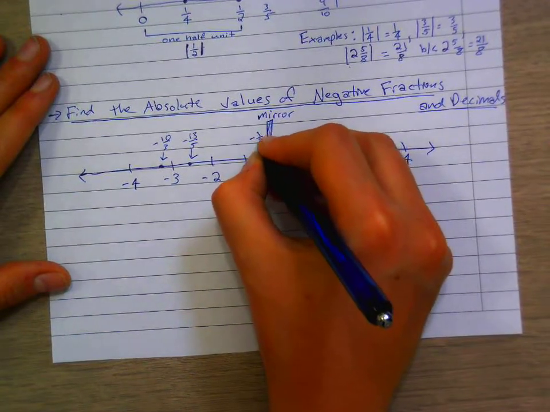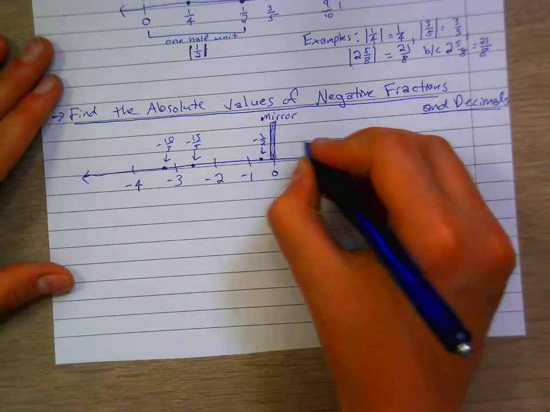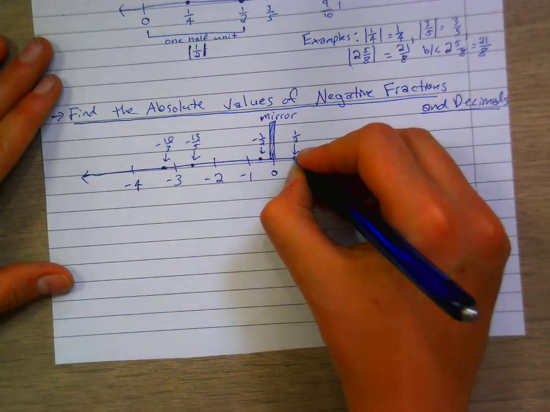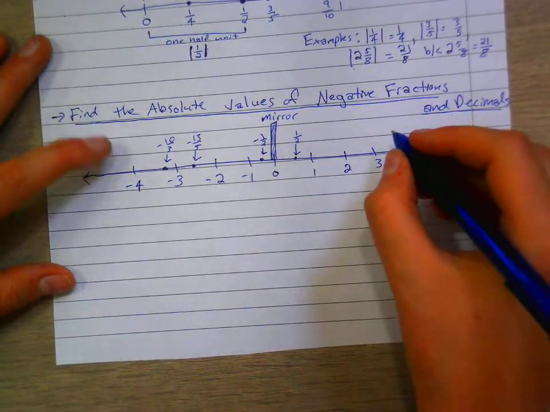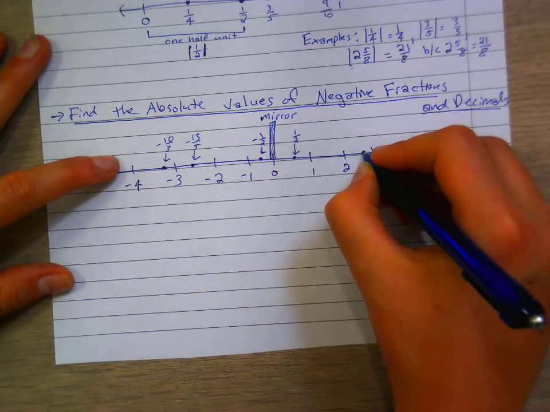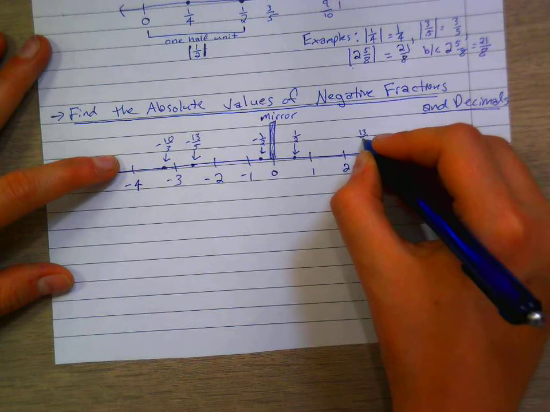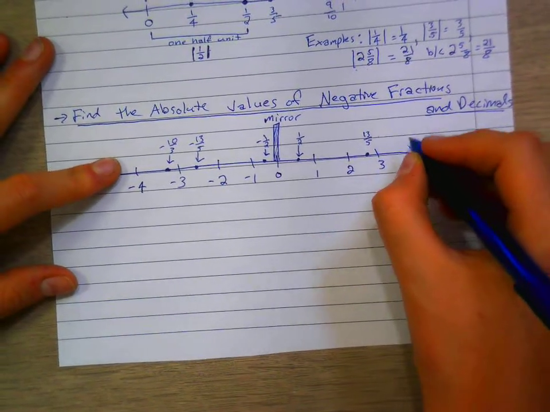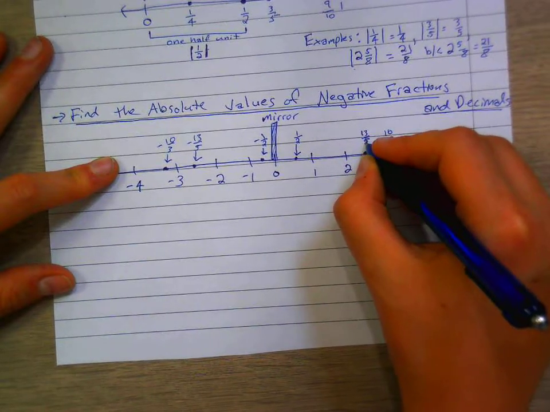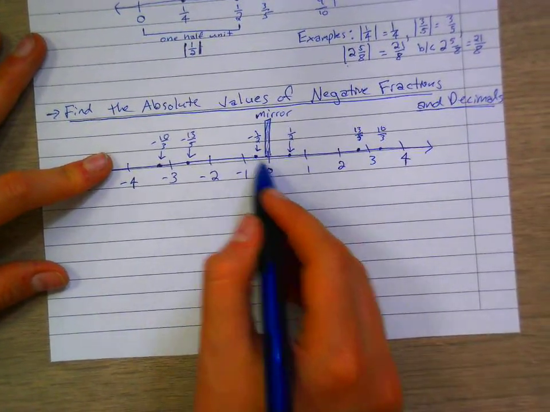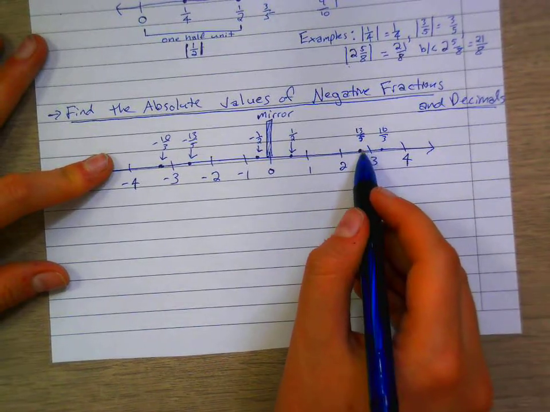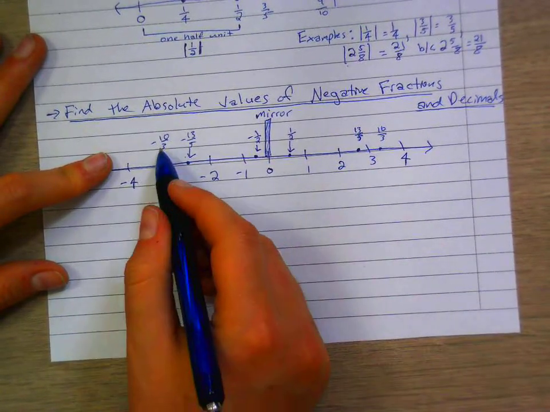We'll also put on the point 1/2, the point 13/5, and the point 10/3. As you will notice, these are both 1/2 and -1/2, 13/5 and -13/5, 10/3 and -10/3.